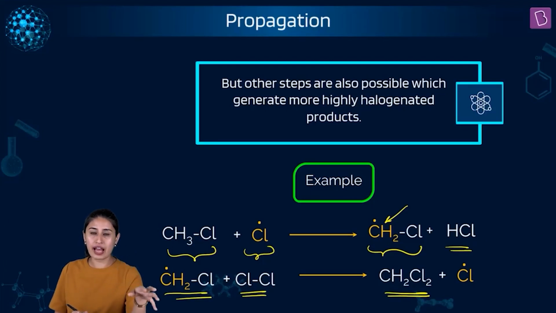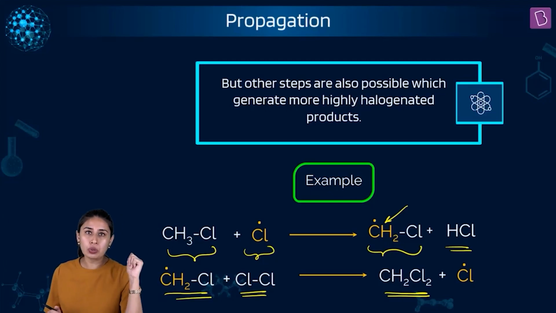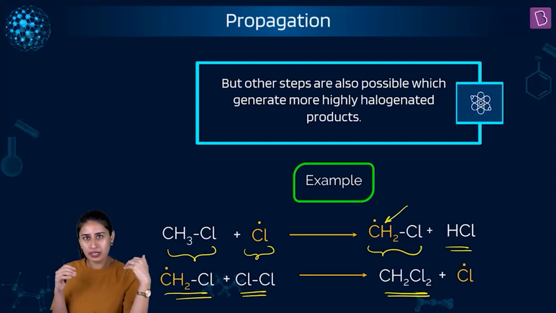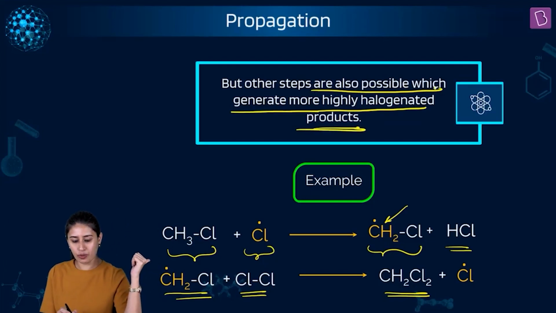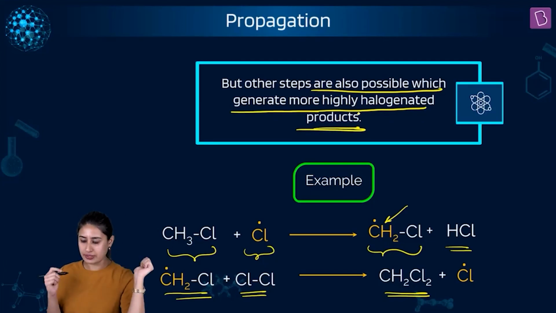You also know that we can have CHCl3, and CCl4 also. But because we are talking about the primary product, CH3Cl, my focus was on showing you CH3Cl formation from steps 1 and 2, right? But you know that there are other possible products also. Steps are also possible which may generate more highly halogenated products.